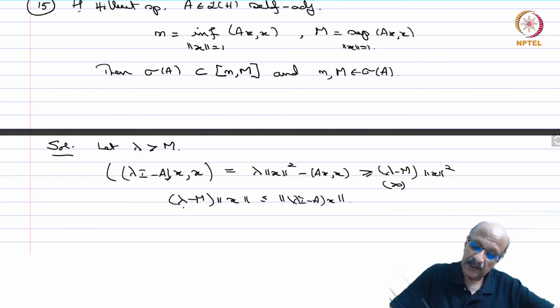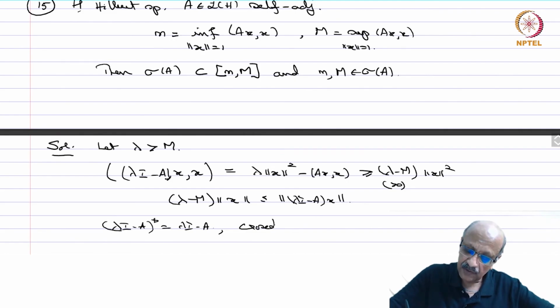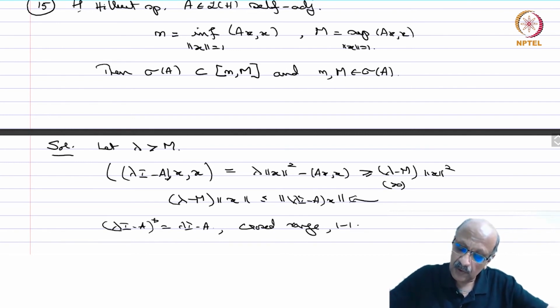So this is a familiar thing. We have used this many times in our theorems, the famous lemma. Lambda I minus A star is itself lambda I minus A, and this has closed range and is one-to-one by this inequality here. So therefore lambda I minus A is invertible.